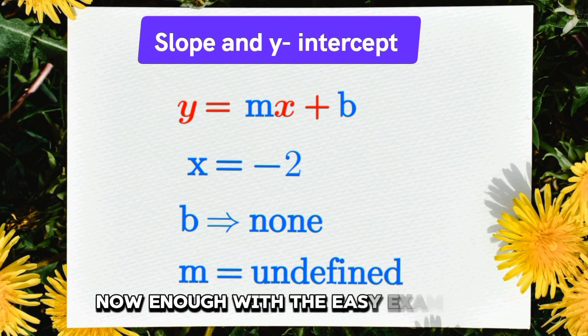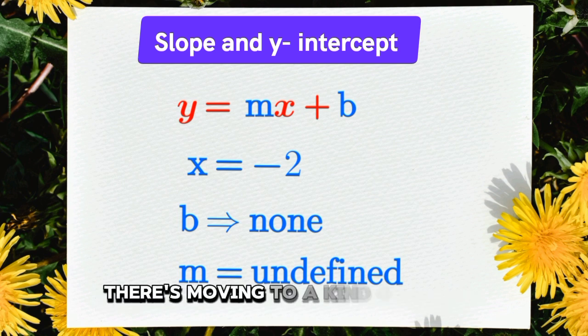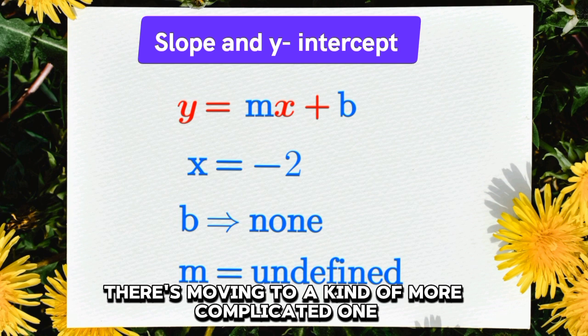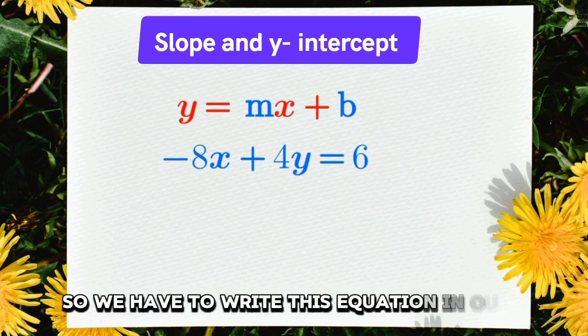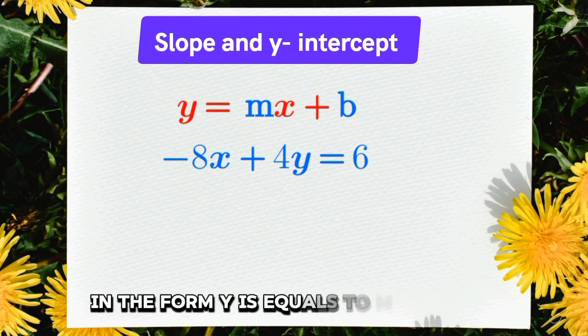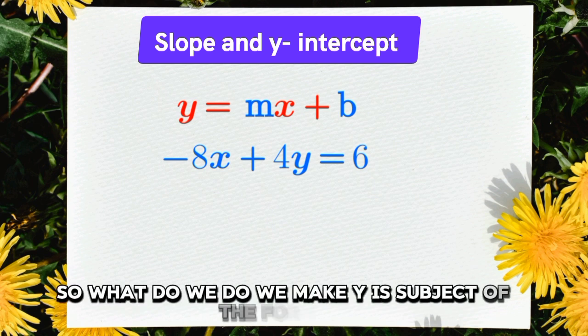Now, enough with the easy examples. Let's move into a more complicated one. This one says negative x plus 4y equals 6. So we have to write this equation in the form y equals mx plus b. So what do we do? We make y the subject of the formula.